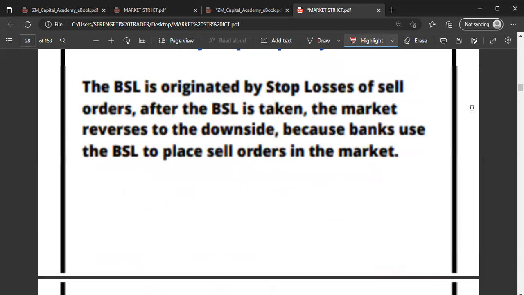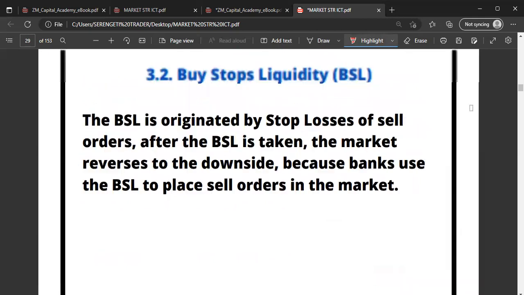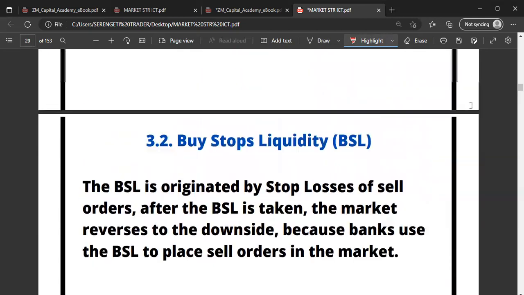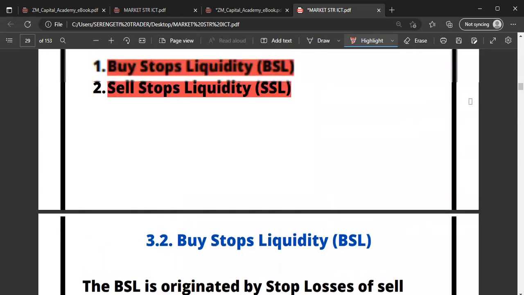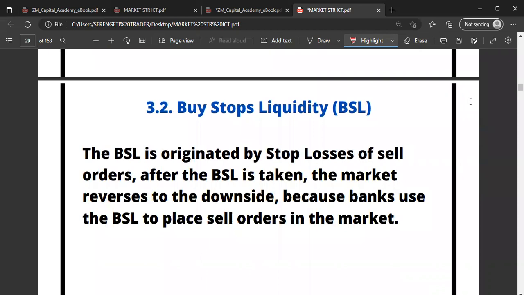Here we are, buy stop liquidity. So what is the buy stop liquidity?